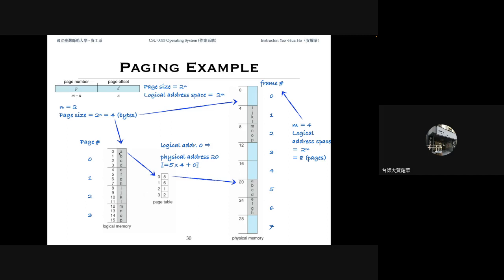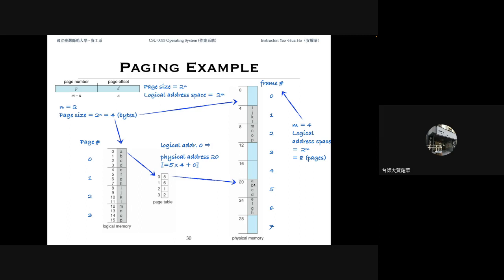The first item is A. Frame 5 starts at physical address 20, so I can access the logical address for item A at 20. It is 5 times 4, the page size, plus 0.